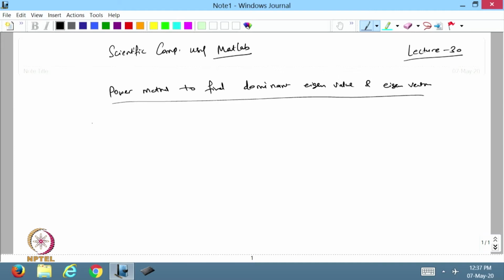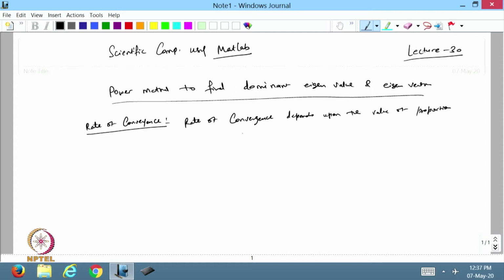So, the rate of convergence basically depends upon the proportion, that is lambda i's by lambda 1, because lambda 1 was the dominant value and these lambda i's are all the other values.